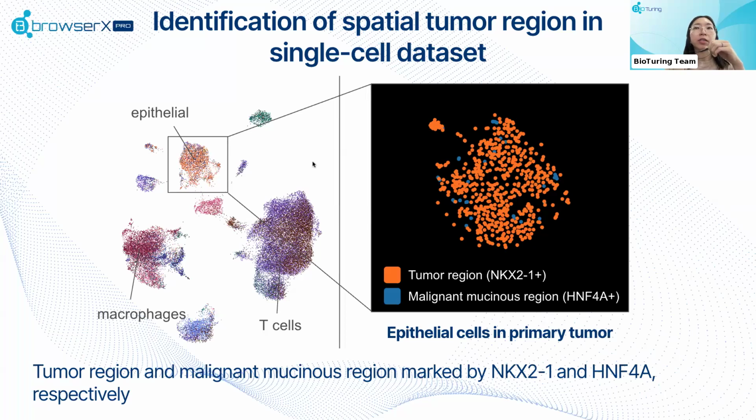If I got a closer look at the epithelial cell population, and I used the specific transcription factor marker genes to mark for those different regions, I was able to find a pretty clear divide between cells that only express NKX2-1 and cells that only express HNF4 alpha, HNF4A. So here I was able to clearly define those two separate tumor regions and the malignant mucinous region here.